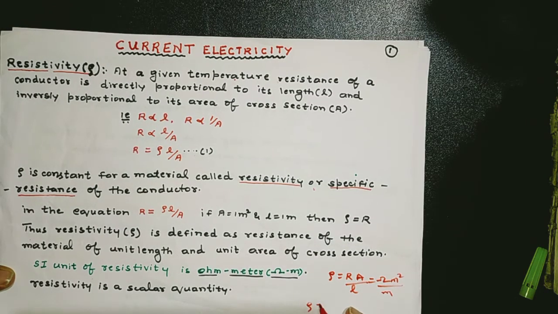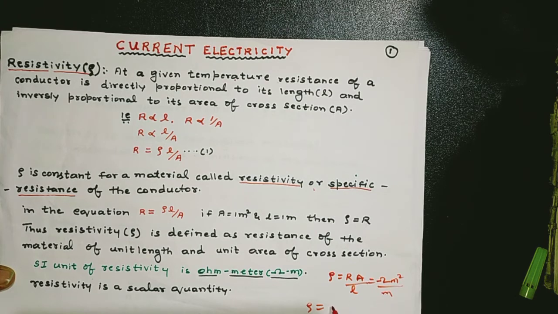So what happens? Meter gets cancelled, you will be left over with ohm meter. That is what is being said here. So the SI unit of resistivity is ohm meter and resistivity is a scalar quantity. So no direction will be defined with respect to resistivity.